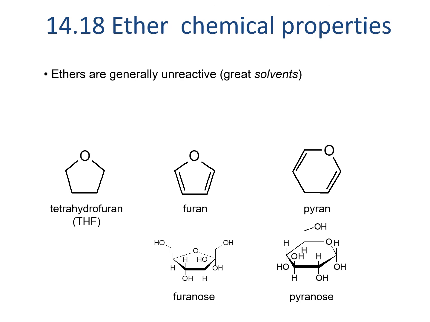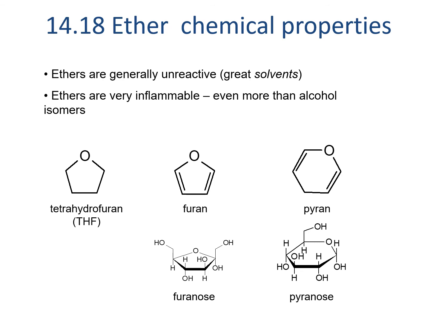Anyway, ethers are often solvents. This can sometimes make our life a little bit interesting because we often heat up solvents to facilitate a reaction, and ethers are ridiculously inflammable. Again, inflammable is the grammatically correct way to say something can light on fire or combust easily. This is aided by the high vapor pressures, meaning that there's a lot of vapor in the gas phase even at low temperature.